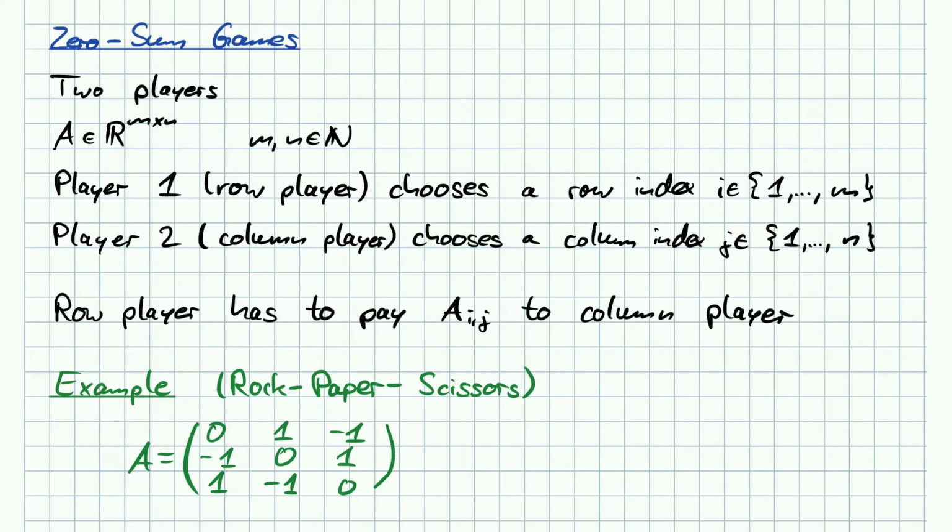One of the two players wins, which means that if the row player wins, then we'll have an entry of -1, because then the row player has to pay -1 to the column player. And if the row player loses, then we'll have an entry of +1, because then the row player has to pay +1 to the column player. And in more detail, the strategies in this matrix are rock, paper, and scissors.